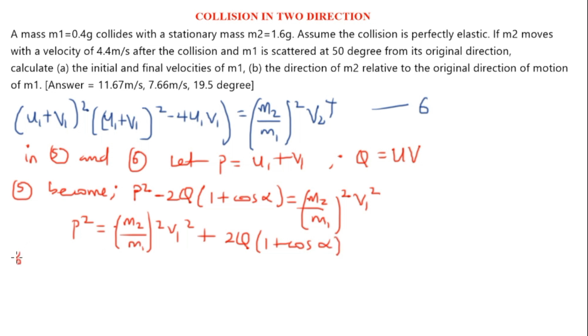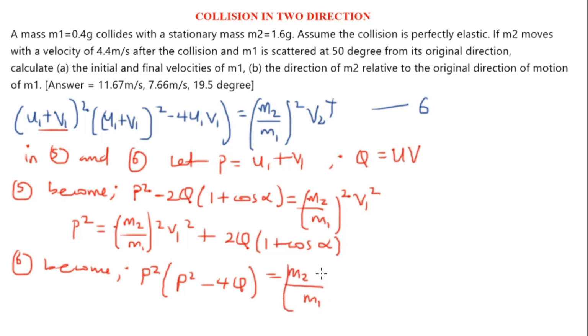Now equation 6 will become p squared, then another p squared minus 4q, which is equal to (m2 over m1) squared, then v2 raised to power 4.